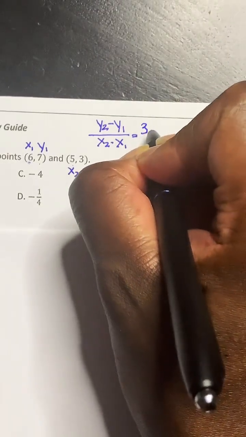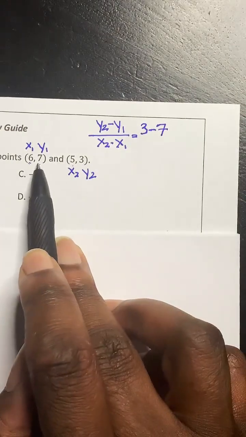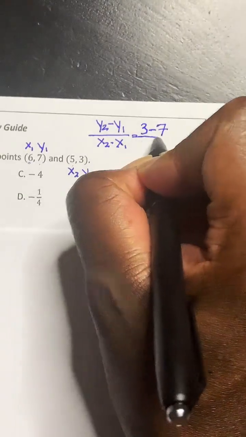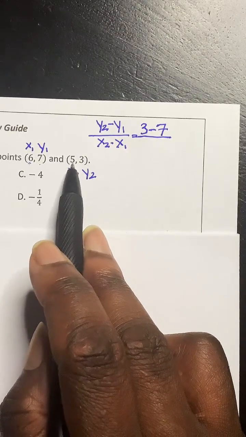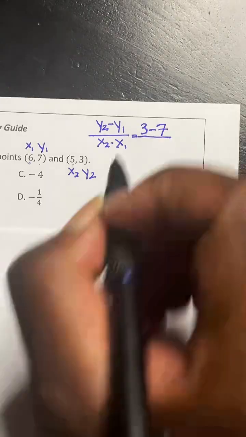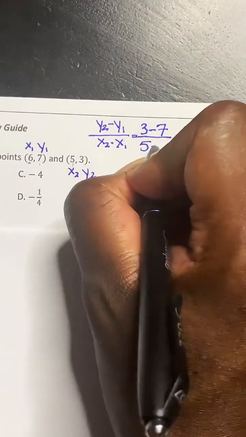All right. So if I do it with y2 minus y1 over x sub 2 minus x sub 1, that means I'm doing 3 minus 7, 3 minus 7. Now follow in that same pattern. It's not going to be 6 minus 5. No, it's going to be 5 minus 6.